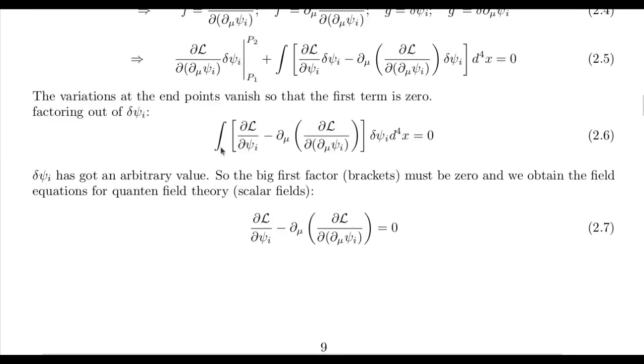And the integral must be 0, and the delta psi cannot become 0. That's an arbitrary value. So the expression in the brackets here must vanish. So we write this, and we have here the Euler-Lagrange equation, field equation, for quantum field theory, in analogy to the Euler-Lagrange equations of motion in classical mechanics.